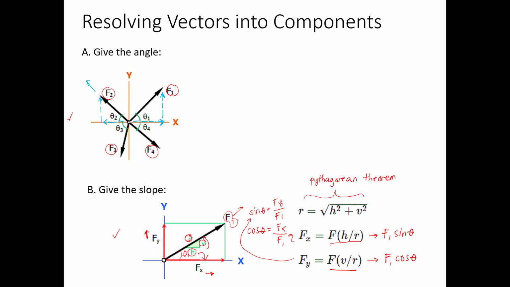Then your force number 3 is in the third quadrant, going in this direction, so obviously going to the left, then going downwards. Then your force number 4 is in the fourth quadrant, so this one is going down, then going to the right.